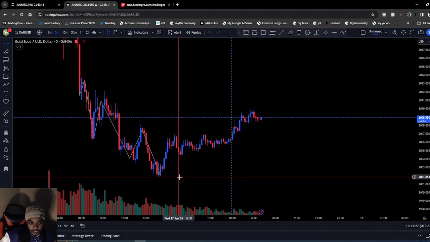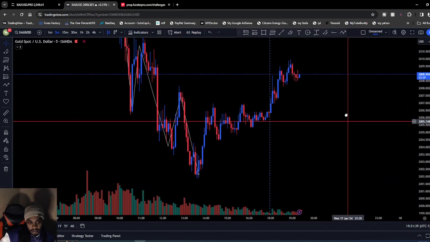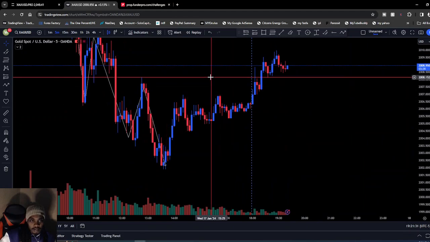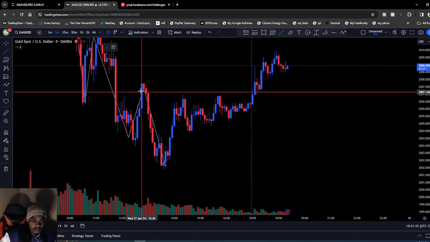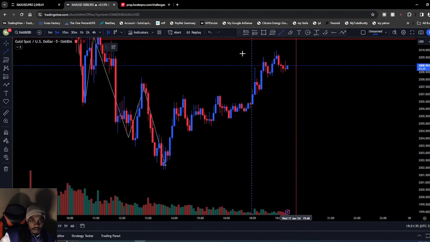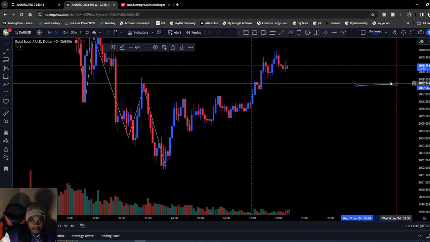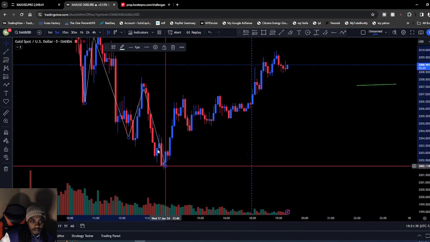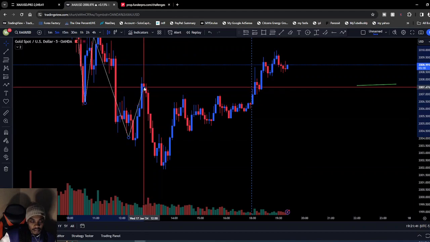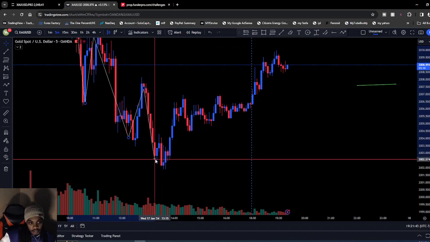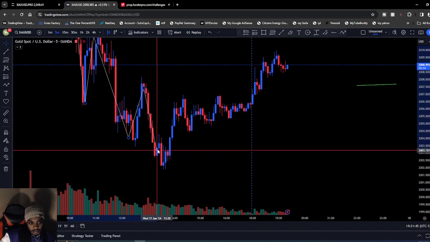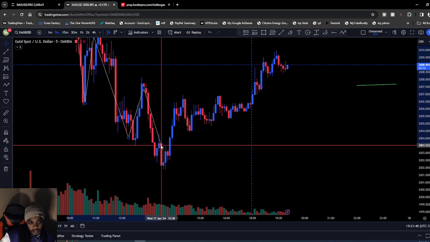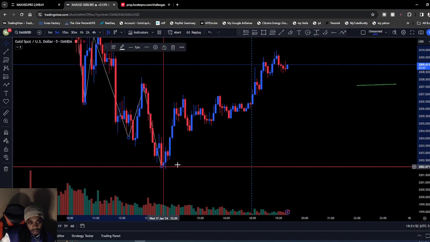But right here we get the same pattern. We had this lower high, lower low. We had this 2 candle retracement. So that's our last lower high, which led to an engulfing.